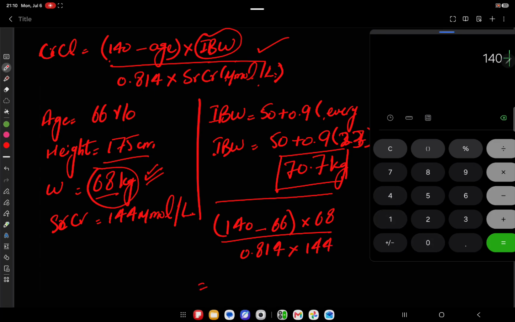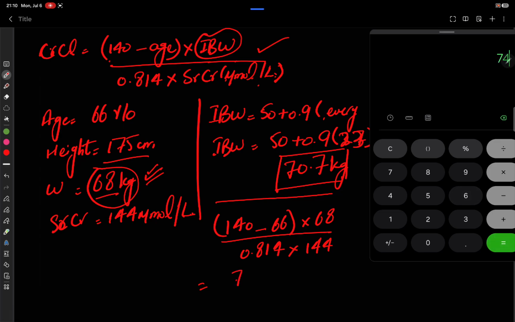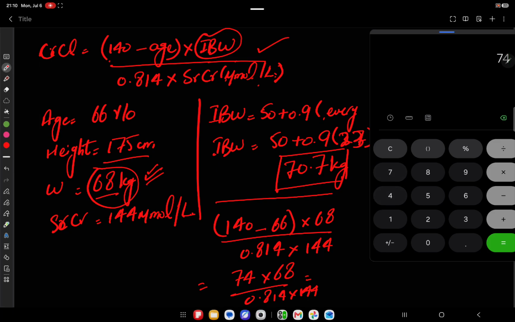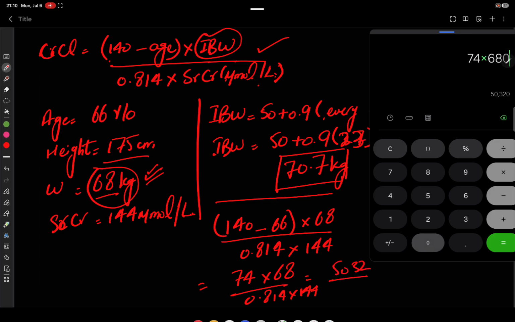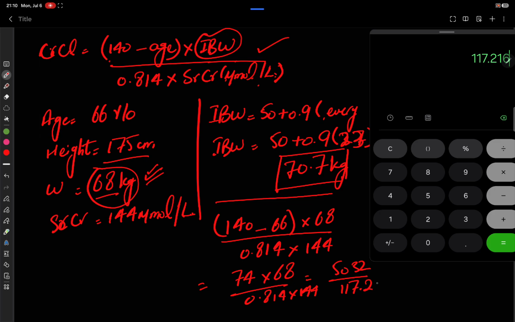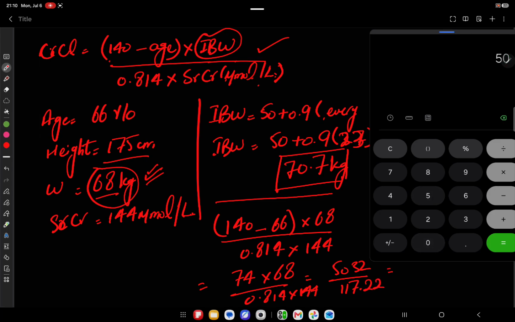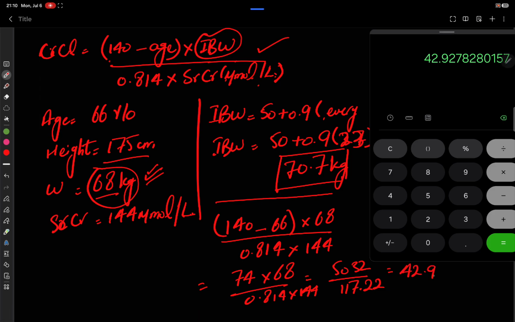So 74 into 68 is 5032, divided by 0.814 multiplied by 144, which is 117.22. 5032 divided by 117.22 is equal to 42.9.